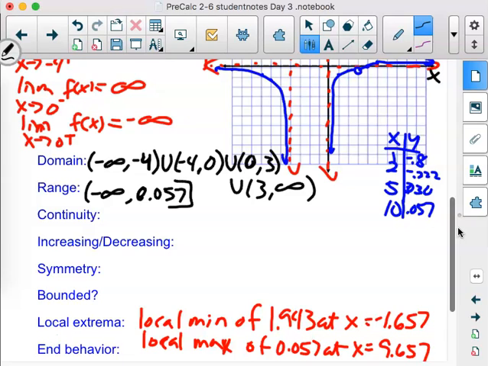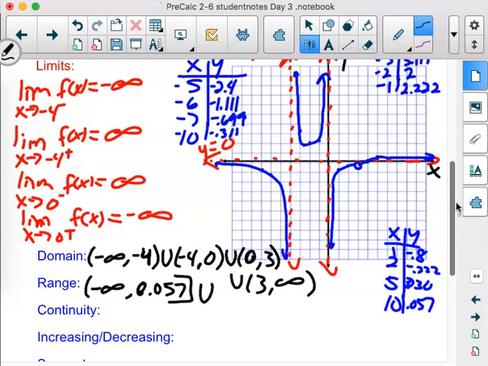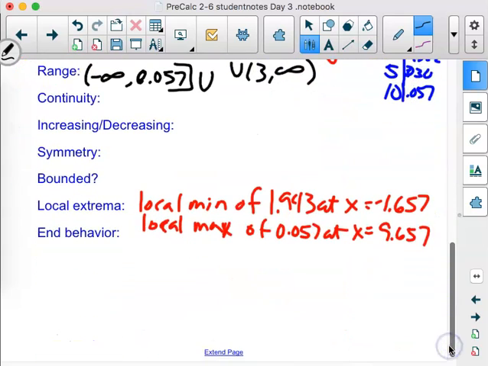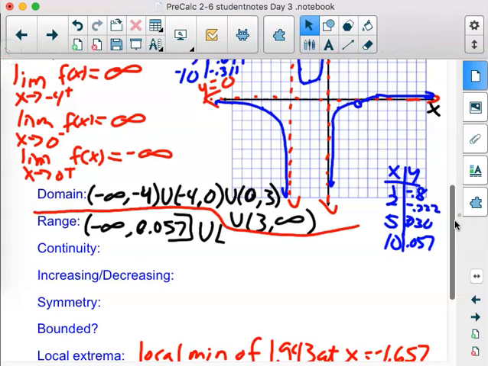So that means square brackets. Union with, well, now we need to know what was the y value for that min, and then up forever. The y value for that min was 1.943. And again, we need the square bracket on there to show that was an actual point that we had.